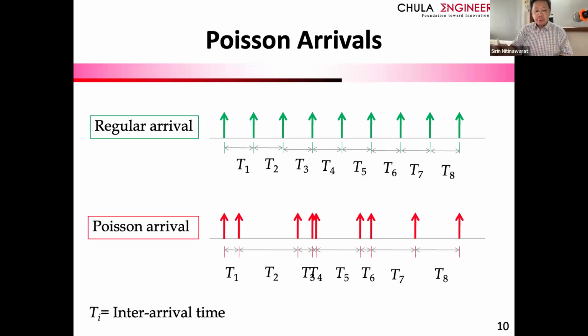I think I have convinced you enough that for the Poisson arrival process, let's say with parameter lambda, with the arrival process lambda, let's say customers per second, right?